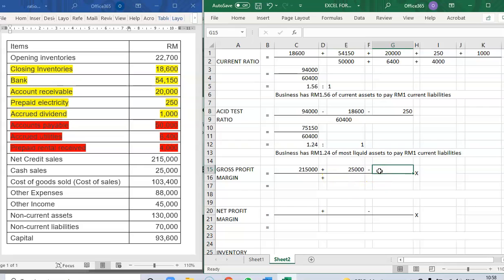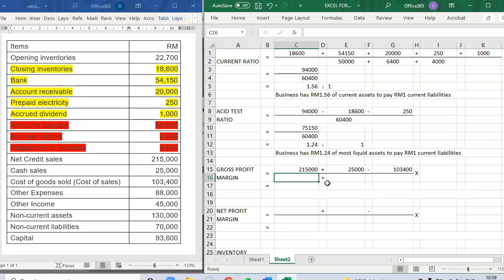Okay, and the cost of goods sold or cost of sales that's been given is 103,400. So you have the net sales, total them up, and deduct with cost of sales. That will be the amount of gross profit.